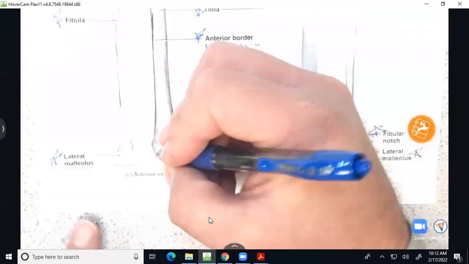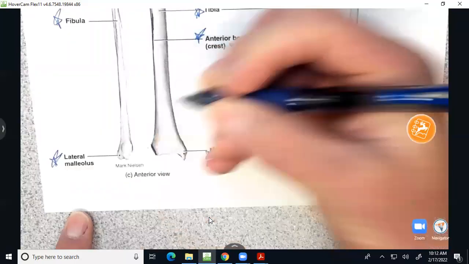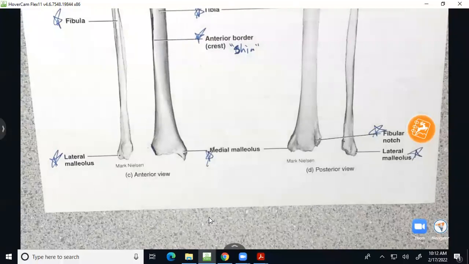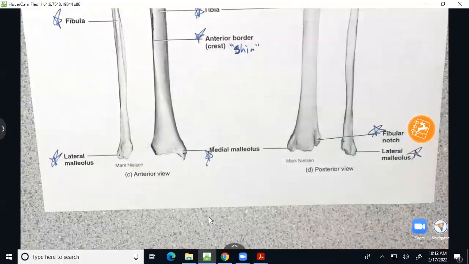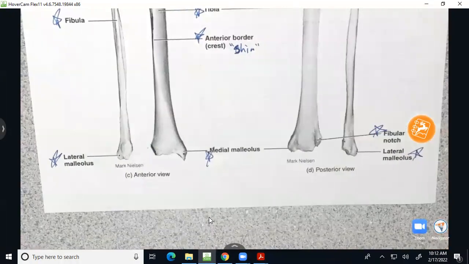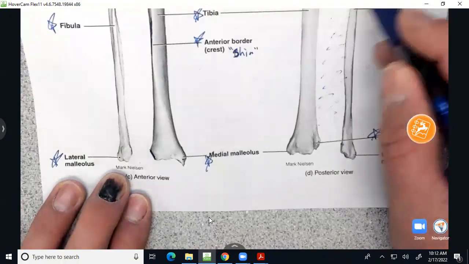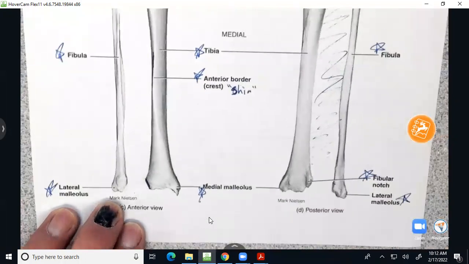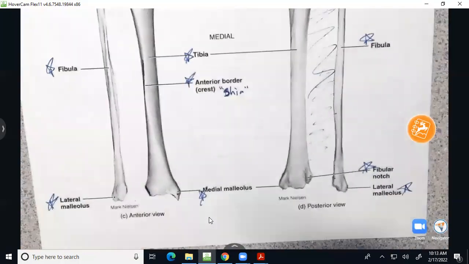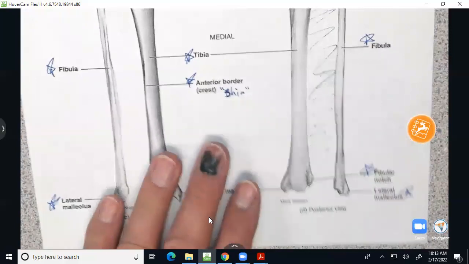You can see how it's indented right here. That probably would be another place where you could label it, but it's labeled over here and that's perfectly fine. Good enough. And then remember, you've got that interosseous membrane in between those, just connecting them. We'll see a picture of that in our next lecture, so you'll get a good feel for it.